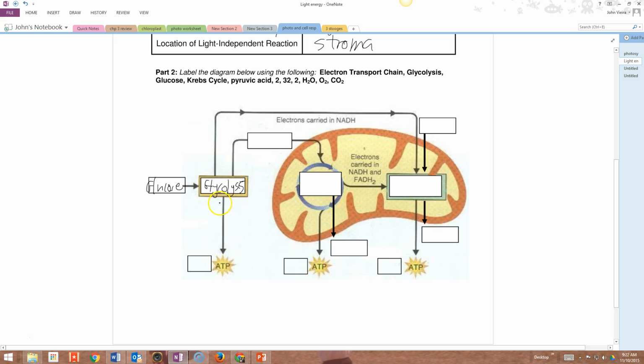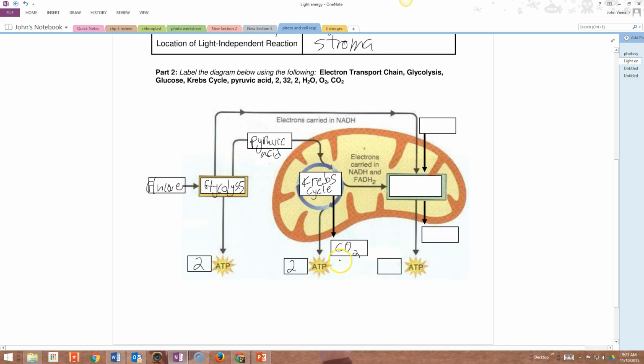That's the process, right? To produce pyruvic acid or pyruvate. That's what comes out of glycolysis. We make about 2 ATP, right? What's the cycle right here? How many ATP can we come out of, Miss Krebs? 2, that's right. Well, really, what comes out of the Krebs cycle when we're ripping apart pyruvic acid, though?